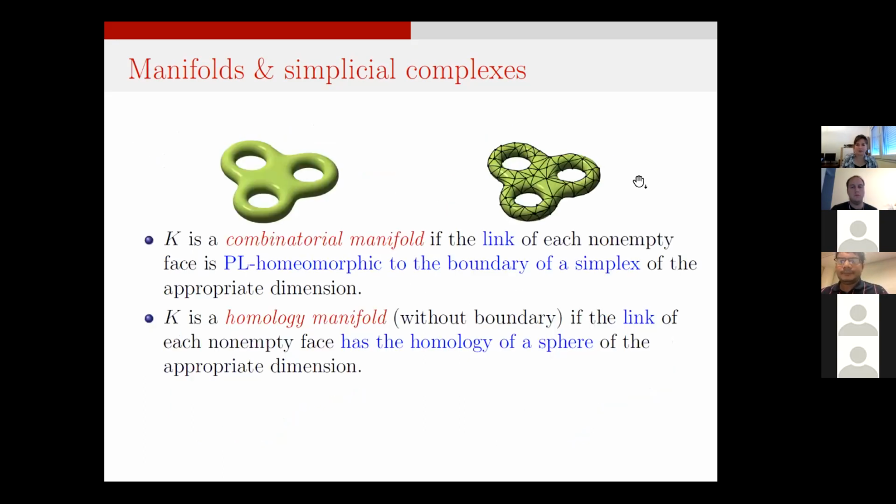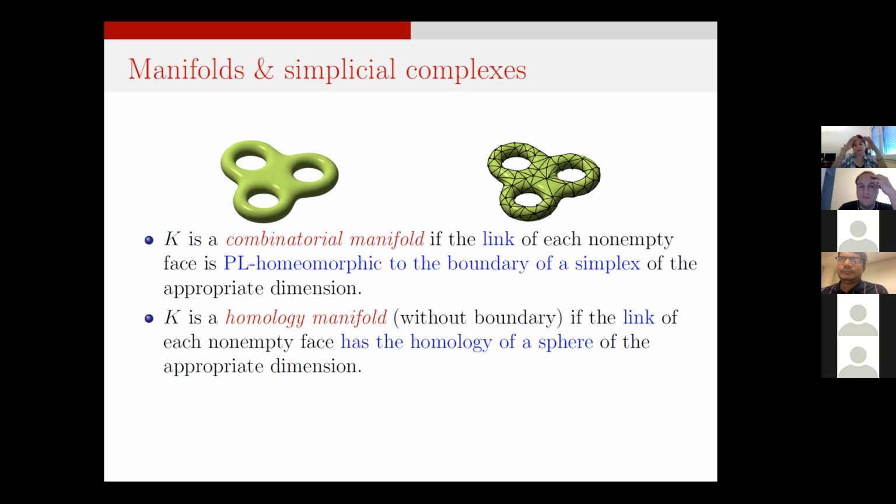One stricter, one simpler. And those are combinatorial and homology manifolds. And they're not this short, but I just like to shorten it just to mention the main idea. Well, for combinatorial manifolds, we ask that whenever we are at a vertex or any face, we look at its link. At a manifold, you want the link to be a sphere, right? And here you ask that the sphere, that subcomplex, is piecewise linearly homeomorphic to the boundary of a simplex.